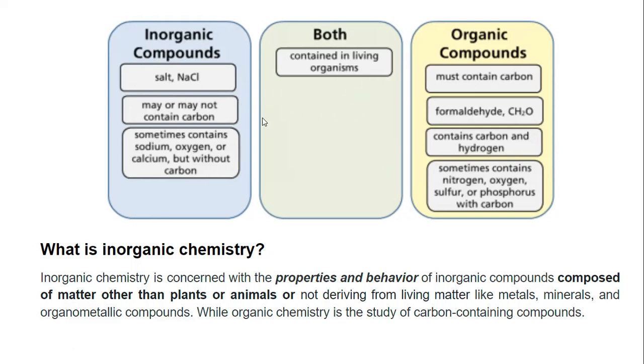However, combinations of both inorganic and organic compounds are present in a living organism, because a living organism is a complete package of all the branches of science. That could be electrical, that could be mechanical, your central nervous system as a controlling system.